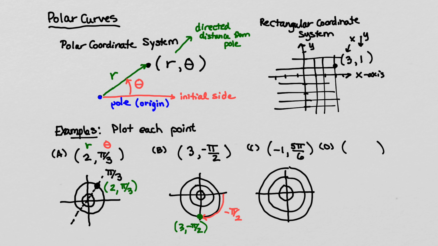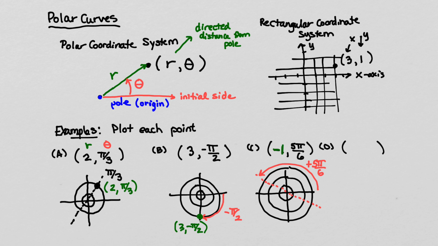Okay, so we've got this angle here, which is positive 5 pi over 6. Sorry about that. And we've got a radius, though, of negative 1.